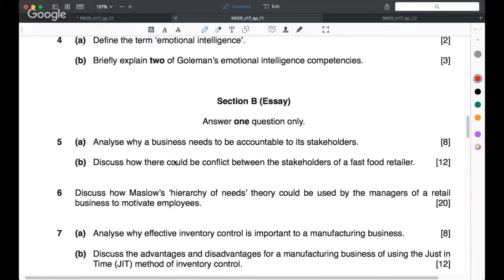Question 6. So, discuss how Maslow's hierarchy of needs, which I've already gone through, the 5 needs, could be used by managers of a retail business to motivate their employees.